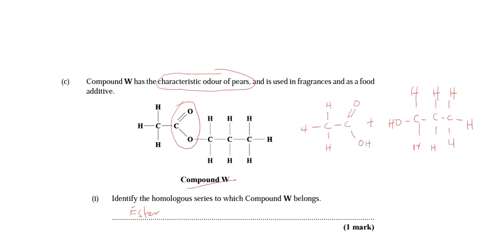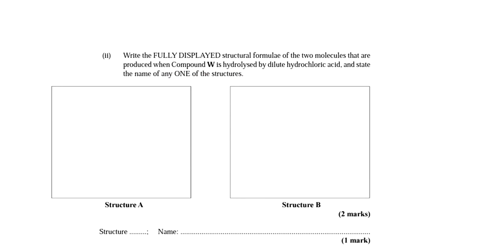Now let's see what they want. Oh, okay, so they said write the fully displayed structural formula of the two molecules that are produced when W is hydrolyzed with dilute hydrochloric acid, and state the name of one of these structures. So like I said, I kind of gave you the answer before, really. So the two structures, we are doing acid hydrolysis. So what we're going to end up with is this.